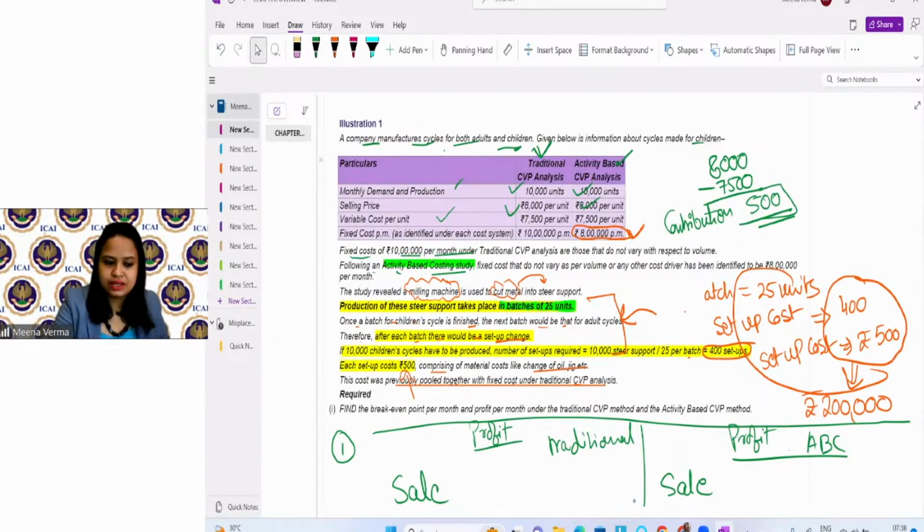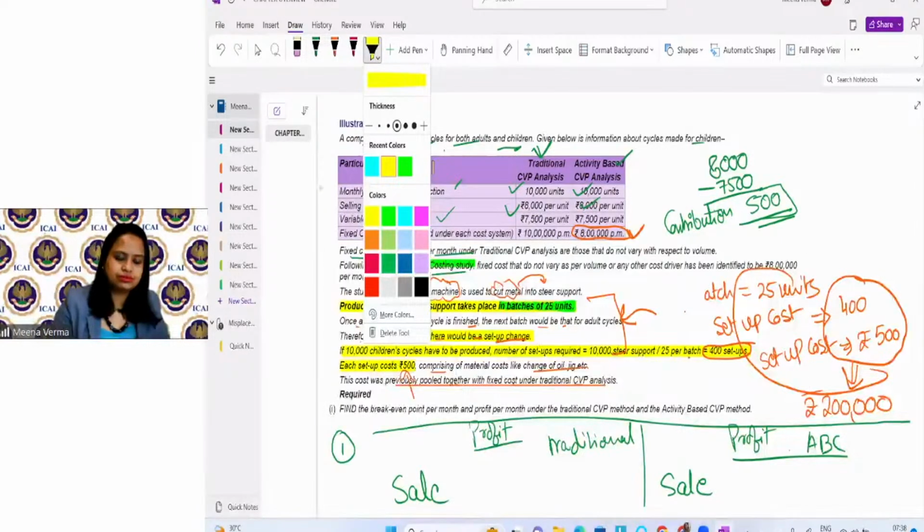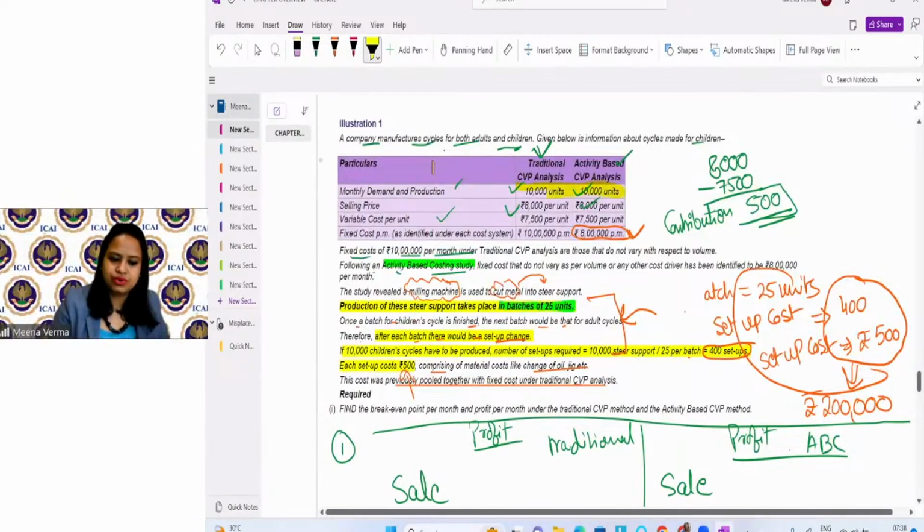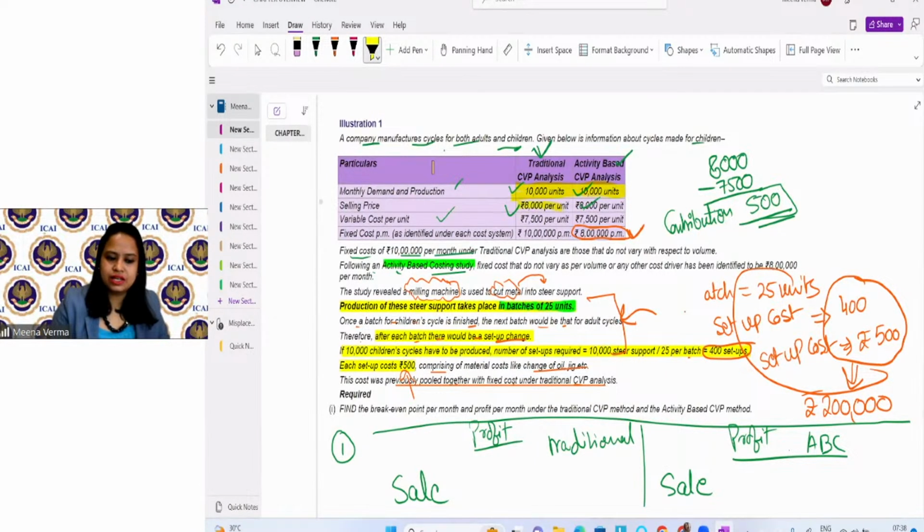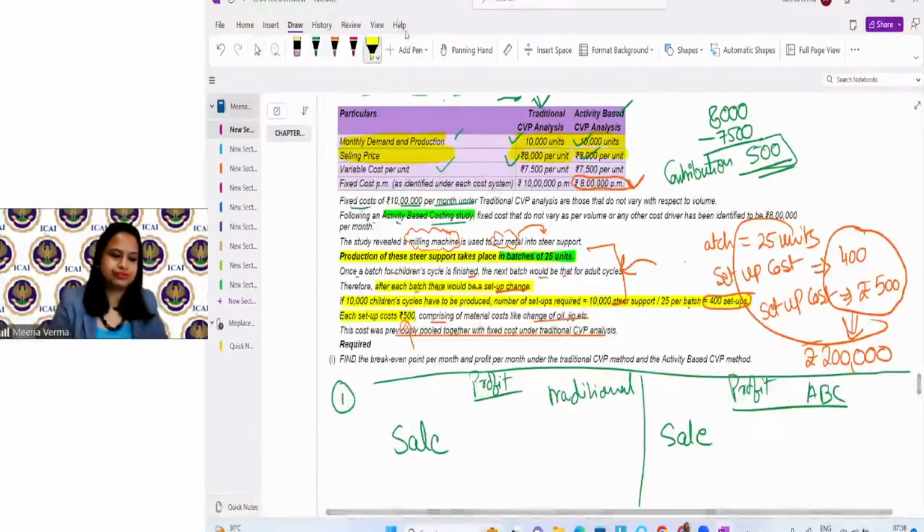You can see here, 10,000 is the number of units we are selling, and the selling price per unit is 8,000 here and 8,000 here. If you multiply these two values, the number of units and the selling price per unit, you will get the total sale.